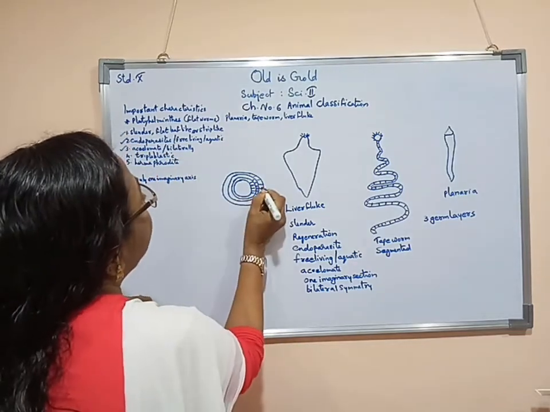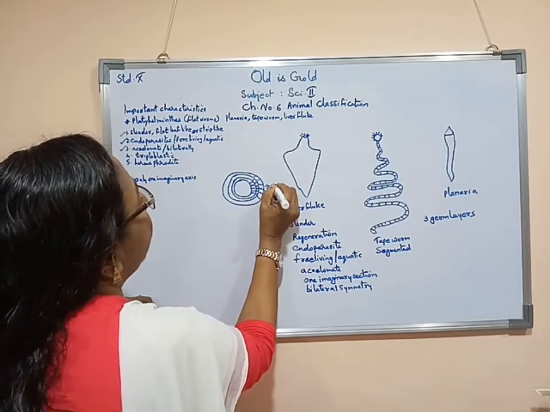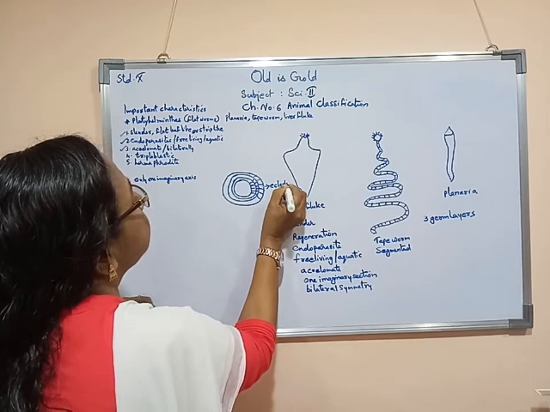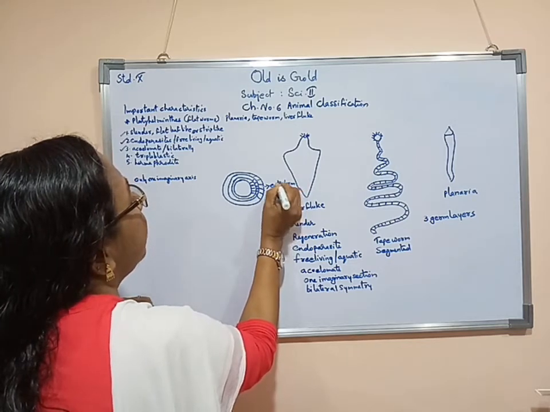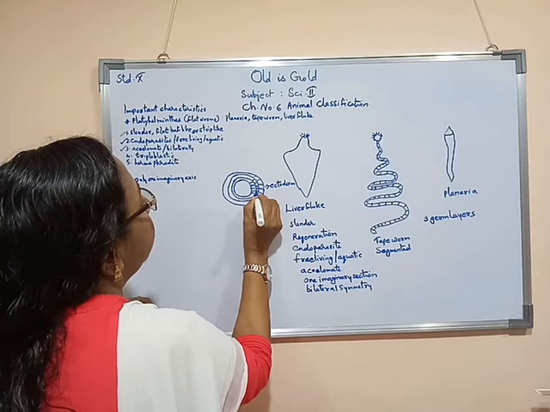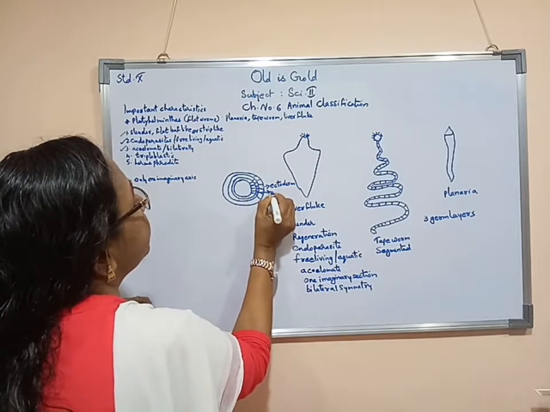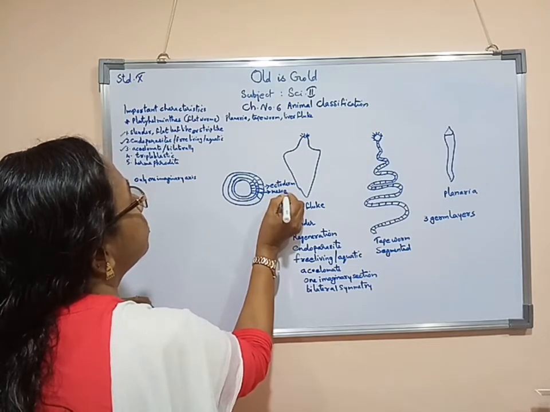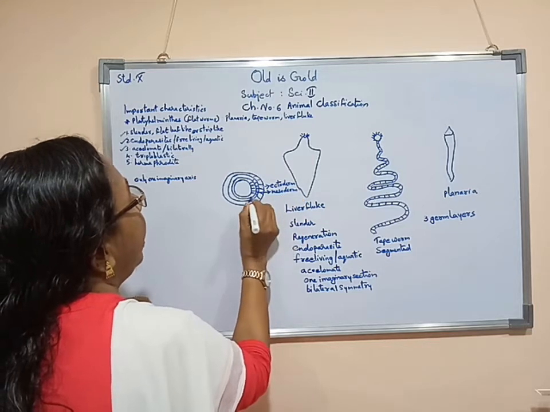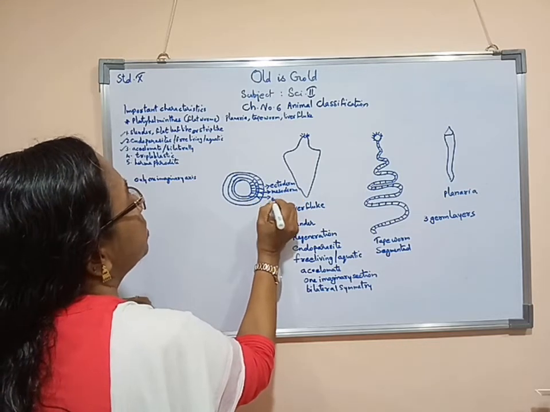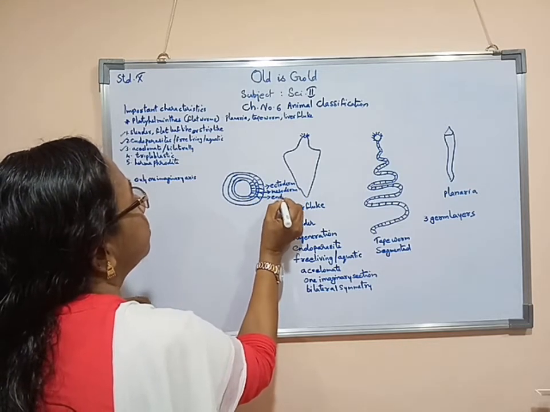Here the upper layer is known as ectoderm. The middle layer of cells is known as mesoderm. And the inner layer of cells is known as endoderm.